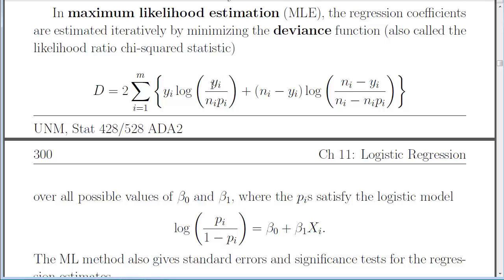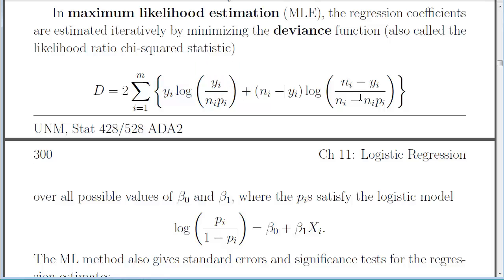So if our prediction, n times p, is close to what we observed, yi, then this ratio is going to be close to 1. And if we take the logarithm of 1, that equals 0. And so this whole term would be close to 0.